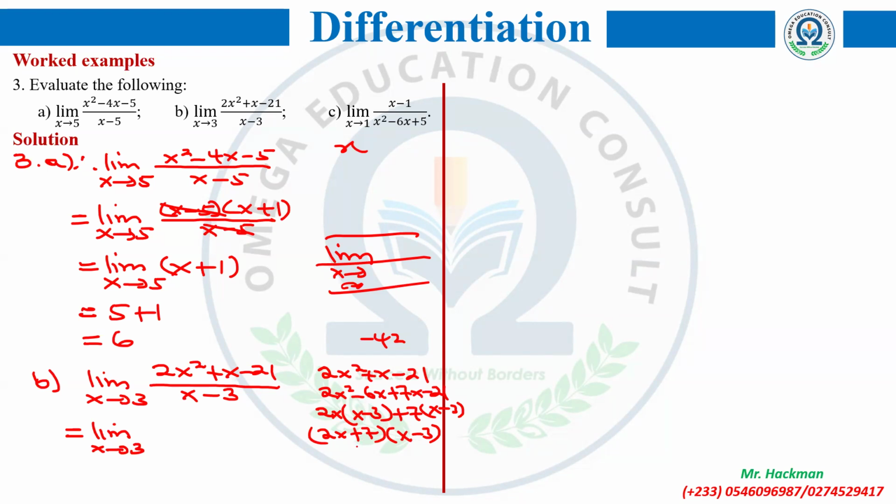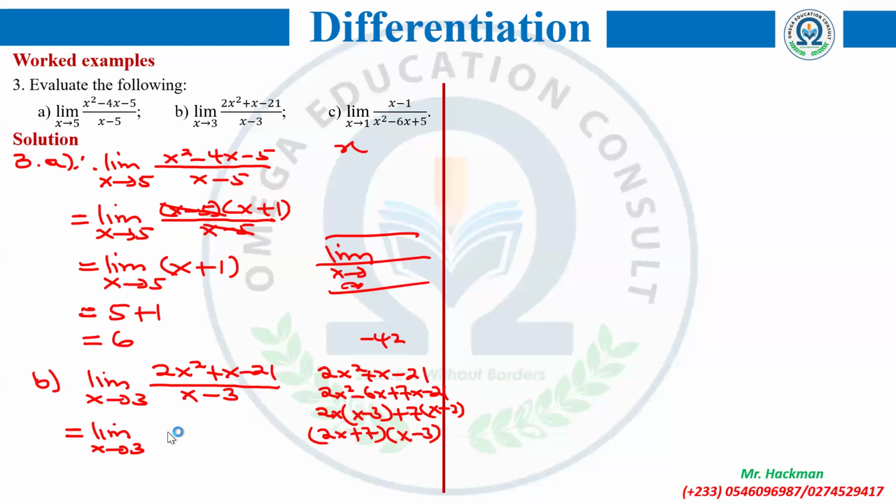So yeah, marks will not be taken from the factorization, because this rough work is still on your answer sheet, so it will still be seen. The method mark for the factorization will be given here. So you won't lose any marks because there is evidence of work.